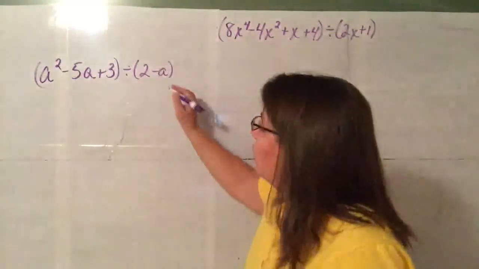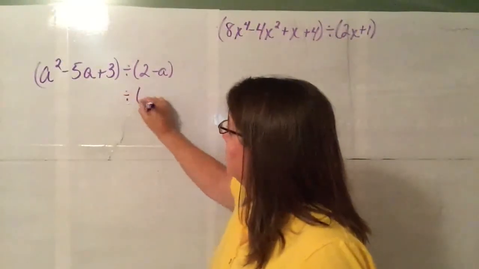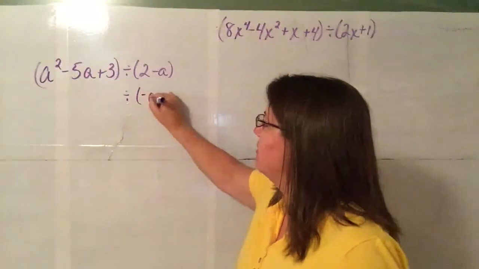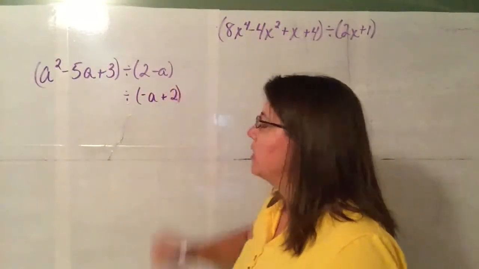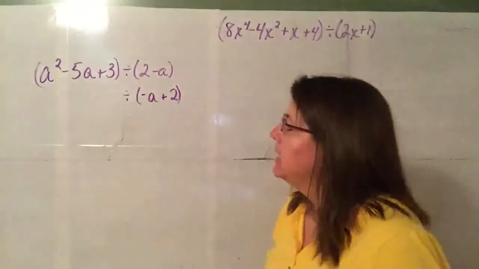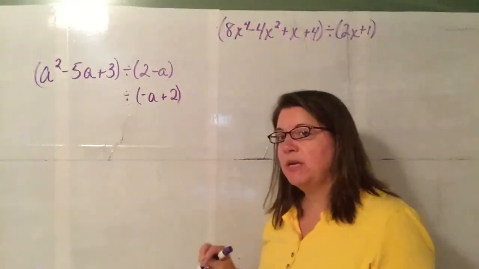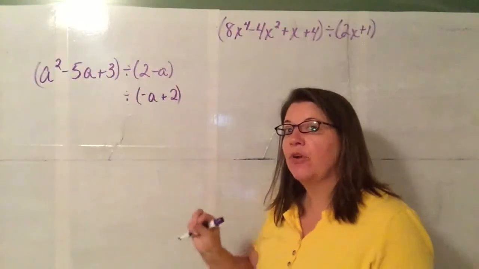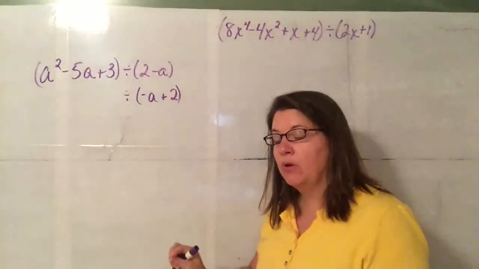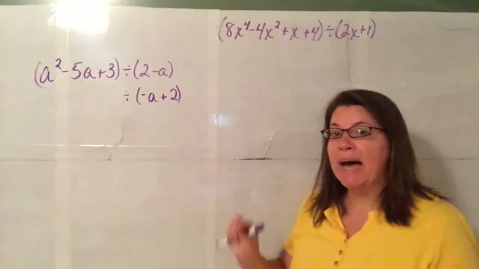So I want to switch that around. So that's the same thing as -a plus 2. Okay, and then I still have a problem here because it has to be in the form x minus r, a variable, a positive variable minus a number.